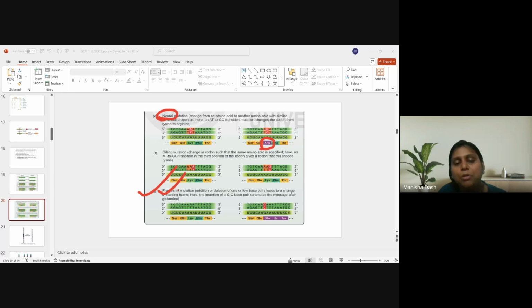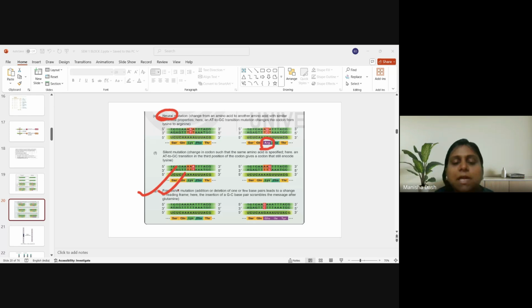Or based on how the codon is affected, you can have a missense mutation where a different amino acid will be synthesized, or a nonsense mutation where a sense codon is converted into a stop codon and the protein synthesis will stop in between, or a neutral mutation where a similar property amino acid will be synthesized, like lysine and arginine, or aspartic acid and glutamic acid.